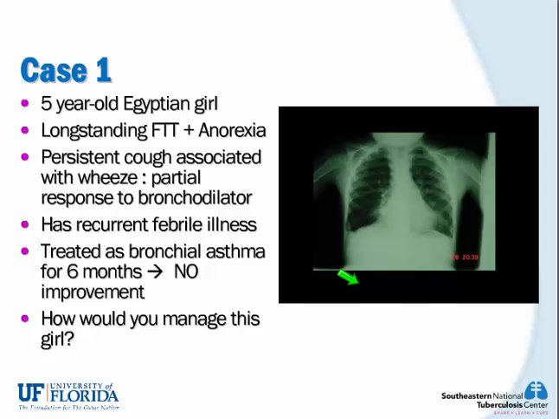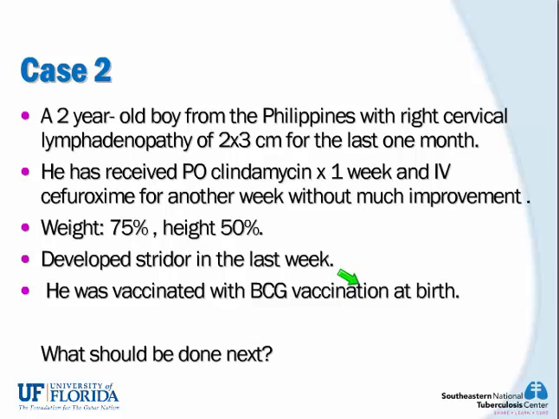The second case is a 2-year-old boy from the Philippines who presented with right cervical lymphadenopathy measuring 2 by 3 centimeters for the last 1 month. He had received 2 courses of antibiotics. The first one was oral clindamycin for 1 week, and then when he did not improve, he was admitted to the hospital and received intravenous cefuroxime without much improvement.